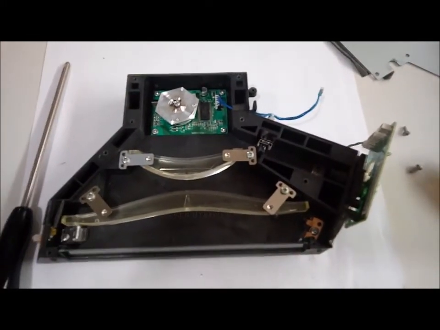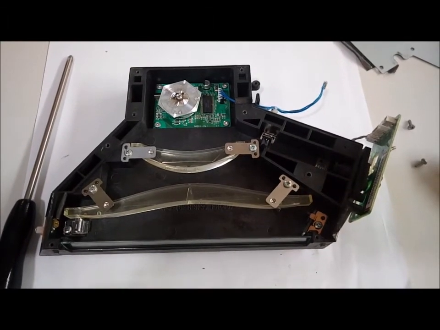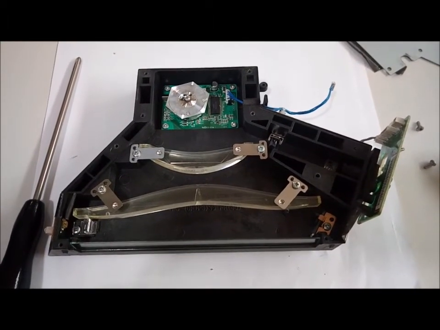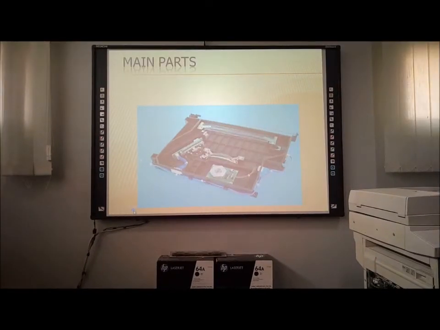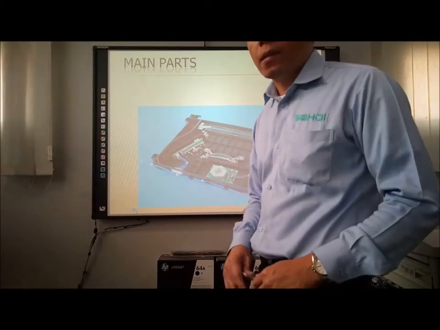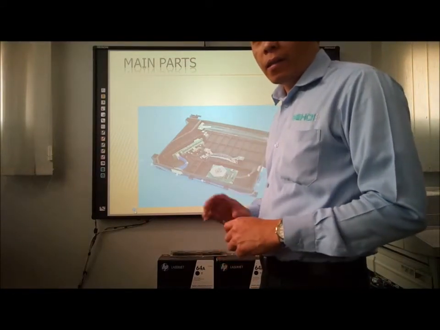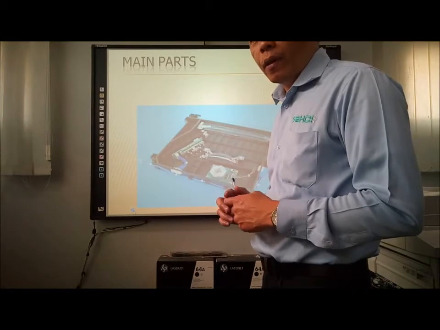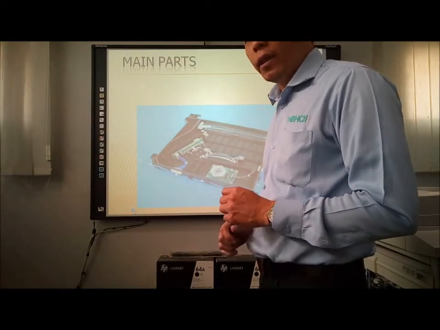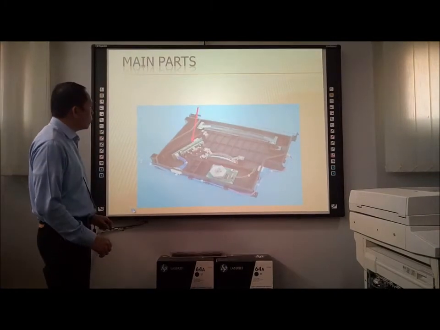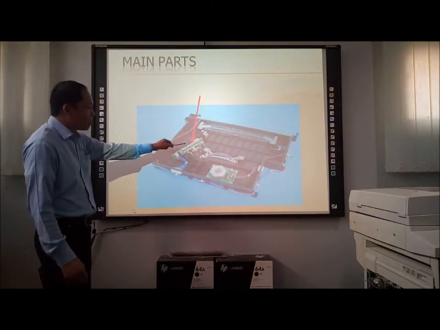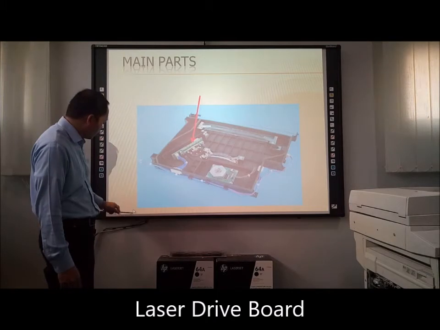Now, what is the function of each part of this write unit? I will show you on the board the function of the parts of the write unit. Let's continue, guys. Number one here on the board is the laser drive board.